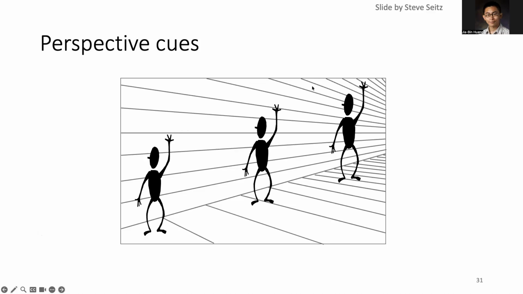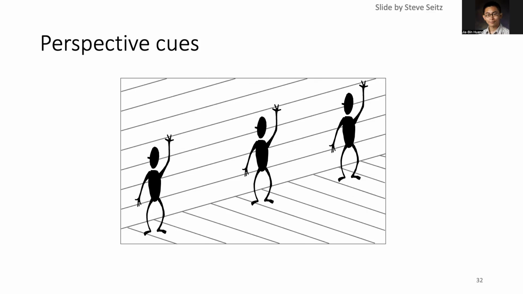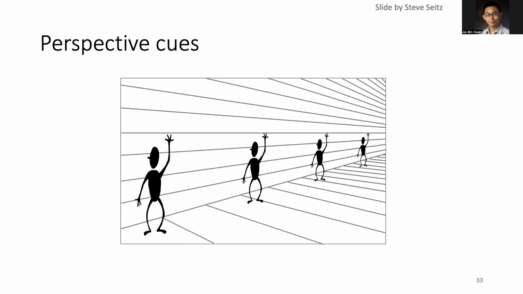But what if I have the camera capturing this, but it's here? Now they should have the same height in this case, right? The reason they have the same height is that these lines are parallel in 3D. Okay, here's another example.